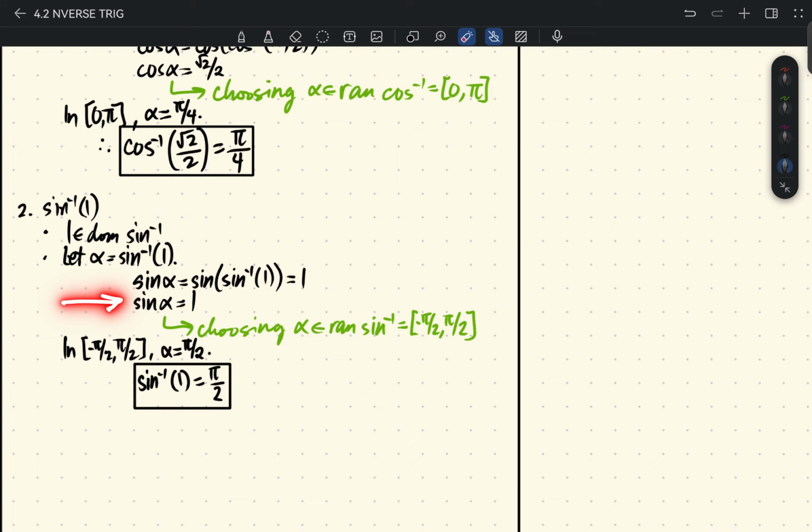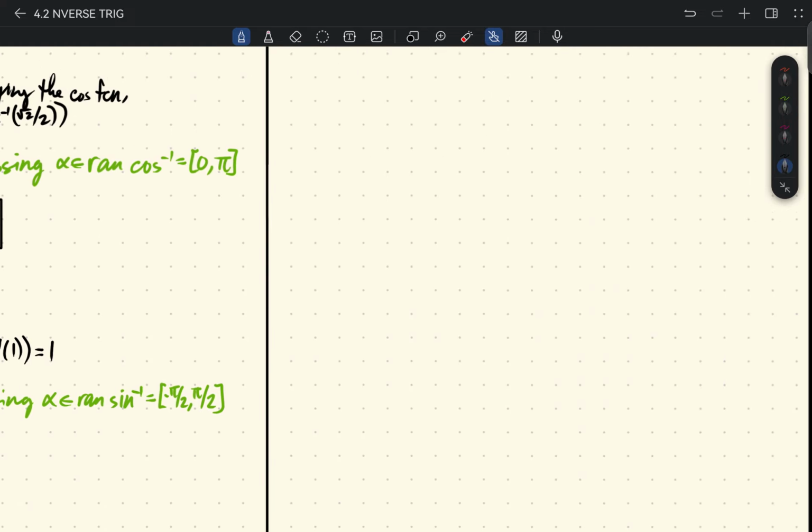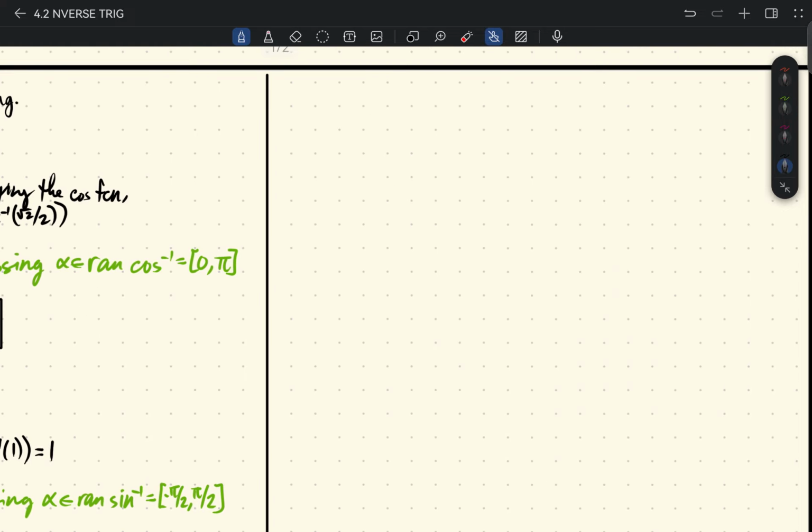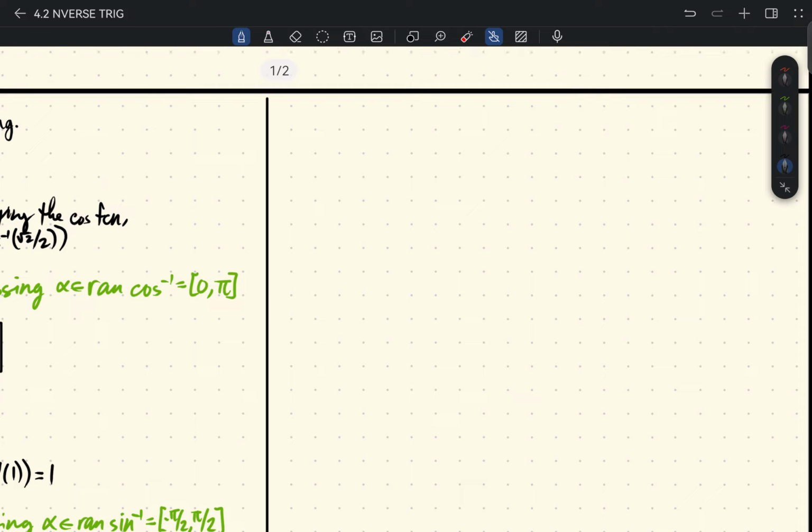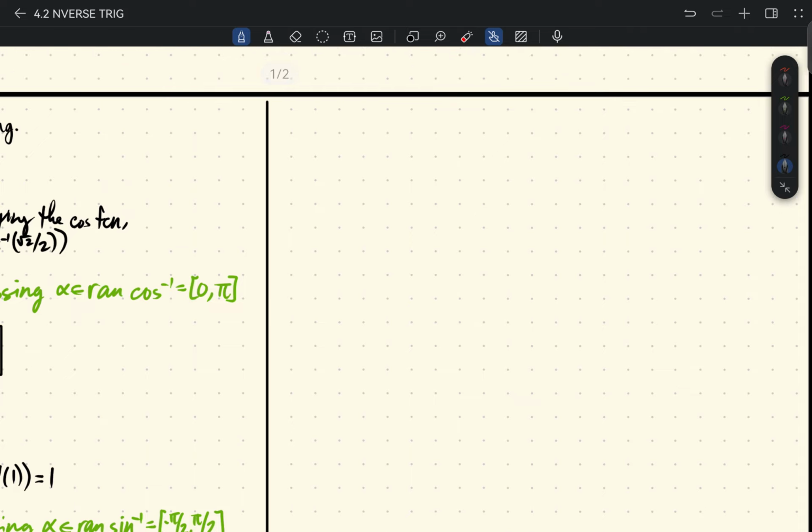And now you're simply solving this trigonometric equation within the range of your inverse trigonometric function. Okay? So let's proceed with, I guess, 2 more examples.